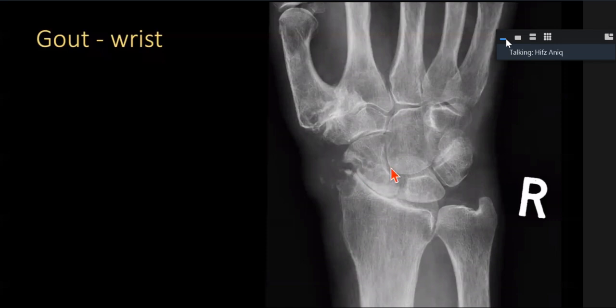Another case, we were not sure what it is because there's some calcification. The joint space is reduced, some calcification here as well, and we can see some big erosion there. Typical overhanging edge calcification. So it is pseudogout because we can see calcium, or post gout.